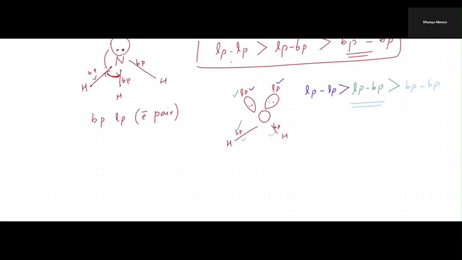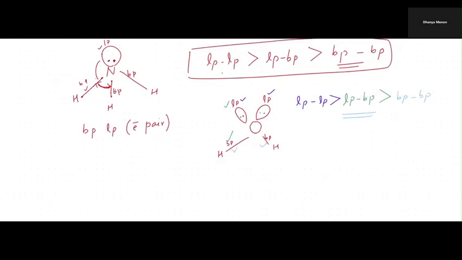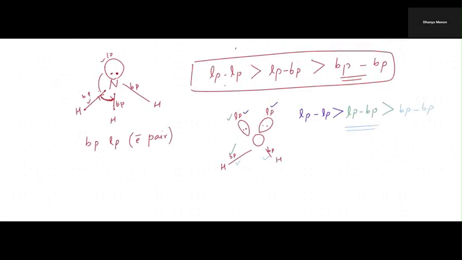So over here now we can explain the bond angle should have been 109 degree, but it is 105 degree because the repulsion between these two lone pair is too much.